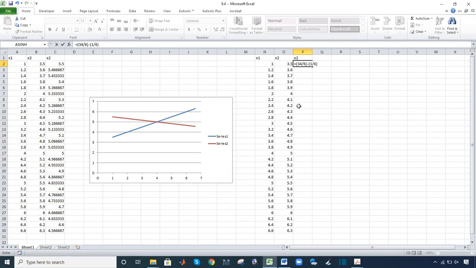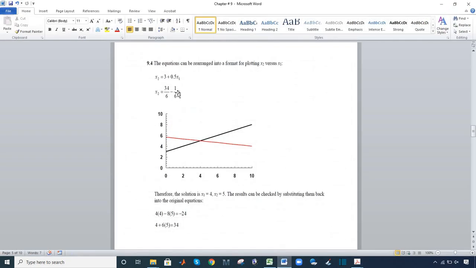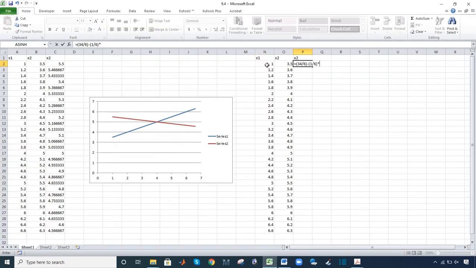You have to be more careful about brackets, otherwise it will not work. And also put the symbol of multiplication in between x1 and 1 by 6. At this point you have to apply in Excel the symbol of multiplication, and x1 means this is x1. Press this box, it will automatically take this value, and then enter.